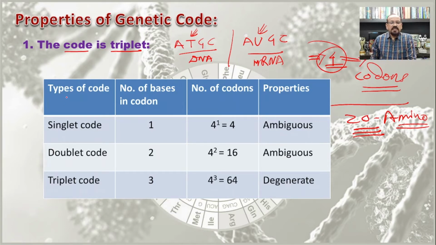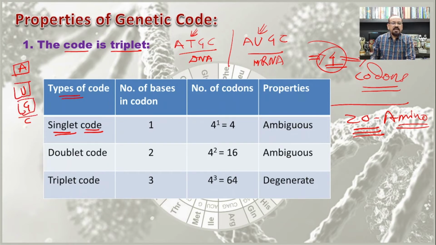First, mathematically, if a codon is made up of one nitrogen base, A will form one codon, U another codon, G a third codon, and C a fourth codon. So one nitrogen base equals one codon.